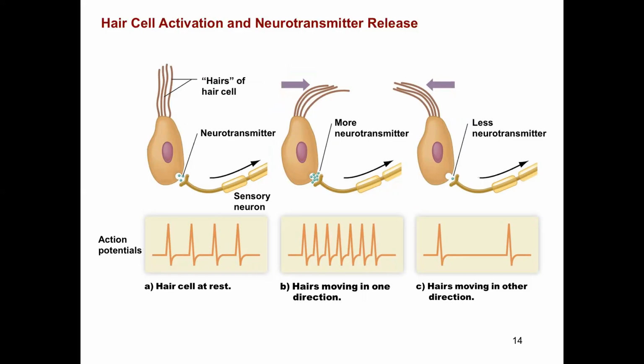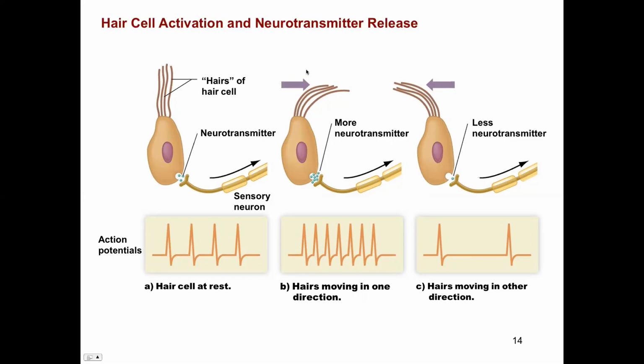And they give a certain amount of action potentials as a baseline, and that would be when the hairs are erect. Now, when the hairs bend, they will be giving either more or less neurotransmitter, depending on what kind of hair cell we're at, what we're sensing.